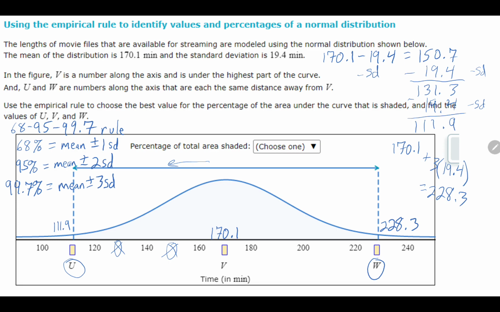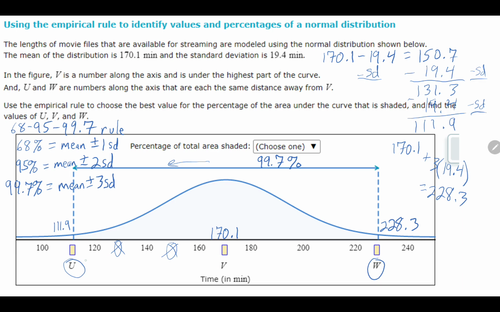So when I choose one, the one I choose is going to be 99.7% because I moved by 1, 2, 3, and then when I added 3, I ended up right where I needed to be. So that's the process. You just count. You can count down or up to where that happens to be.